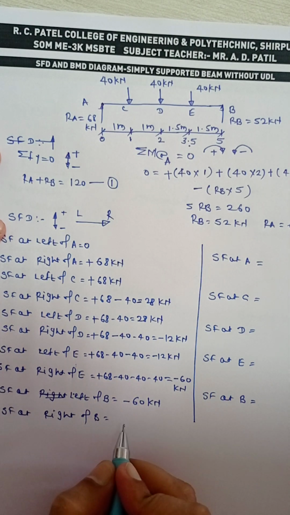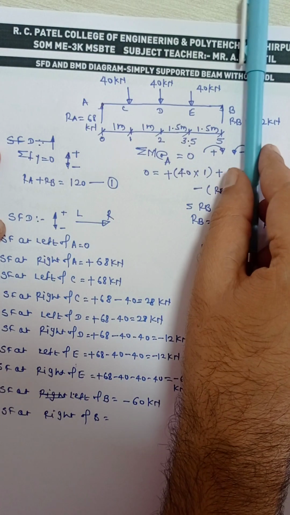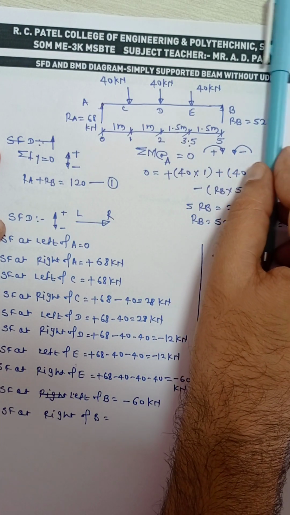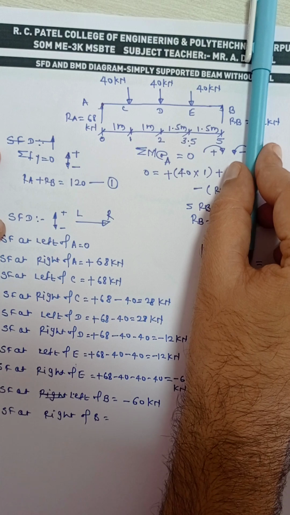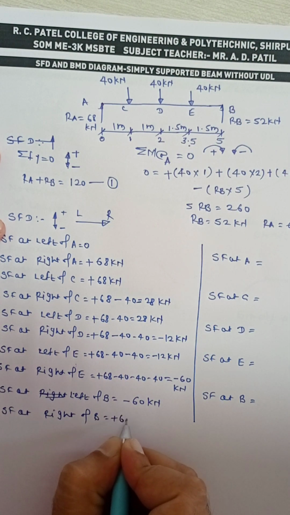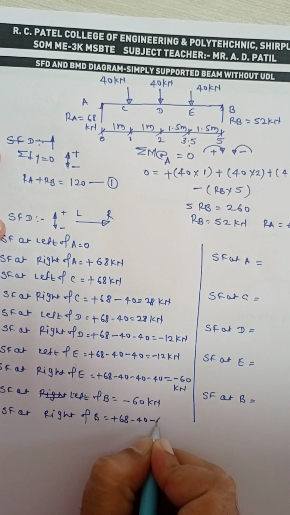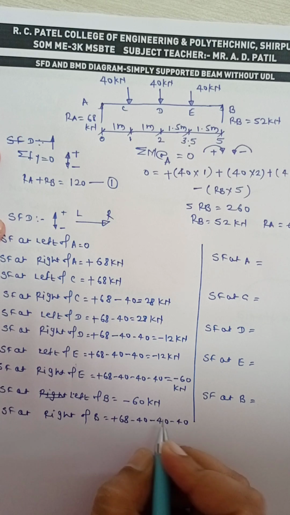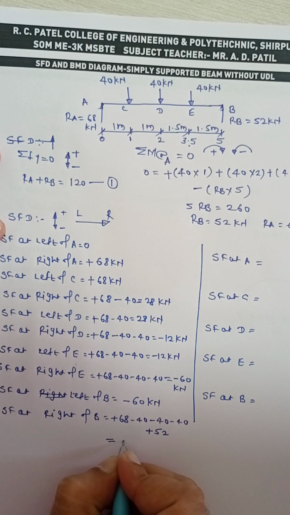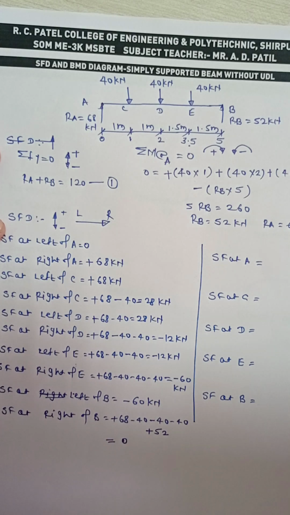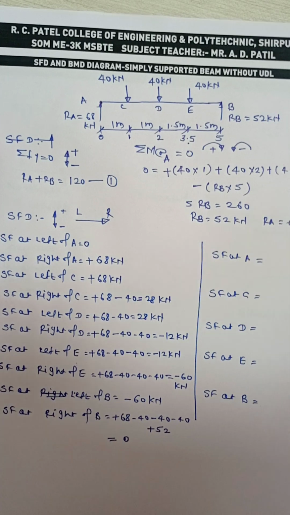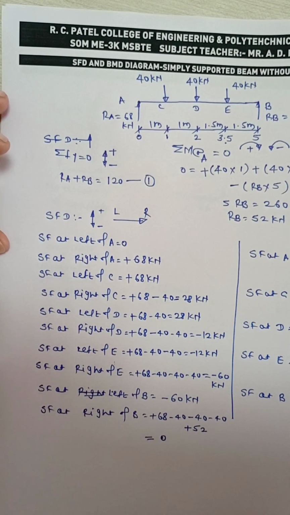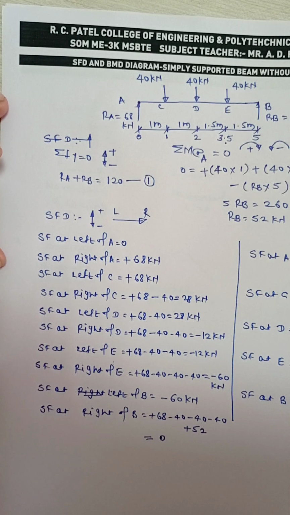Right of B means here. So at right of B, how to write? Plus 68 minus 40 minus 40 minus 40 and plus 52. So the answer will be 0 here. This is the standard method to solve the SFD.